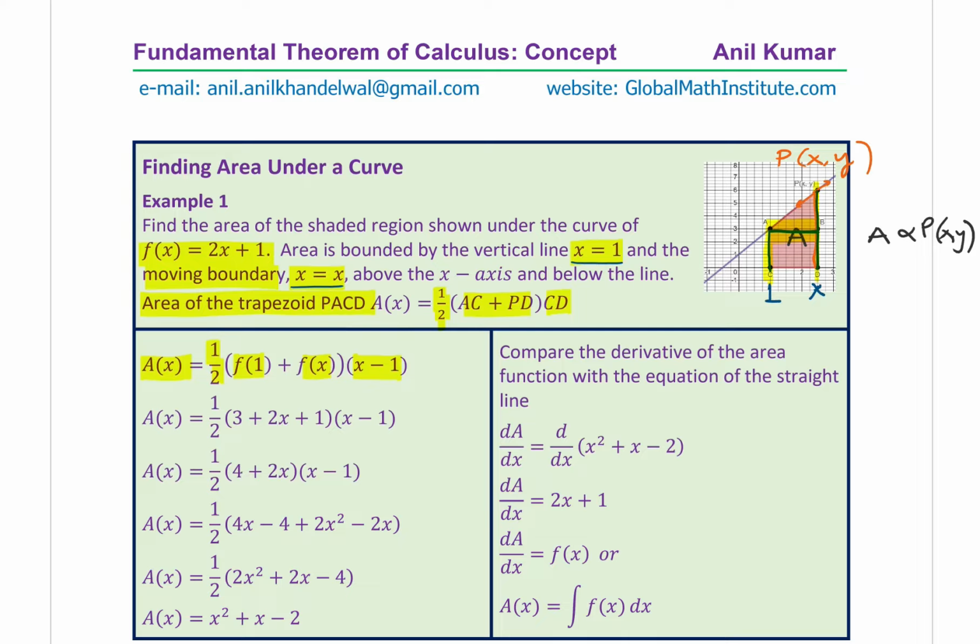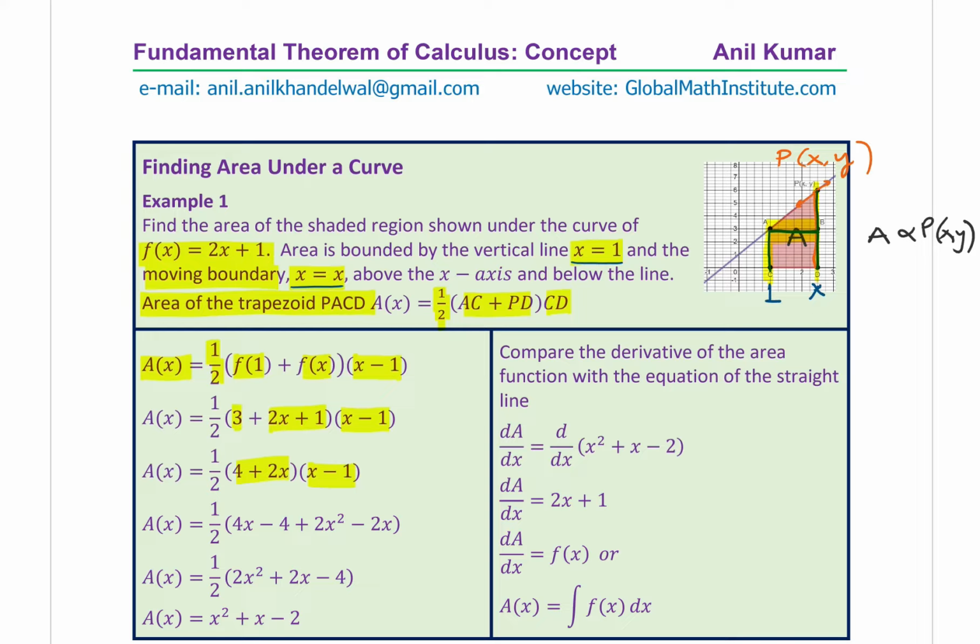If I substitute 1 here, then f of 1 is 2 times 1 plus 1, which is 3. So f of 1 is 3. For f of x, we wrote 2x plus 1 as such, multiplied by x minus 1. Simplify this particular expression, it becomes 4 plus 2x, since 3 plus 1 is 4, right? And then we'll expand and simplify the expression 4 plus 2x times x minus 1.